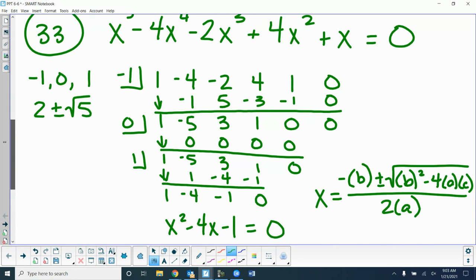Do you have to do it that way? No. You can give me the decimal answers using your calculator. I just want to show you how synthetic division helps you simplify that big long x to the 5th down to an x to the 2nd. That you know how to do already, because we've done a lot of quadratic equations.